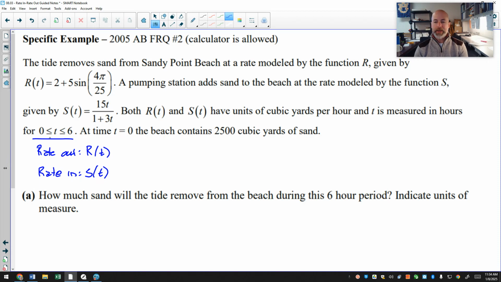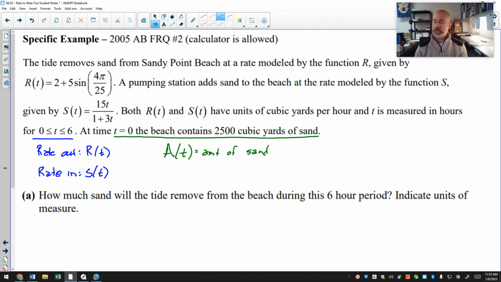My domain is 0 to 6. I don't think we're going to make an extra note of that. Oh, here, initial condition. At time 0, the beach contains 2,500 cubic yards of sand. There's an initial amount. Now, that's not a rate. That is a raw amount of sand that we started with at the beginning of this little situation. And I usually will write something like A of t is the amount of sand.